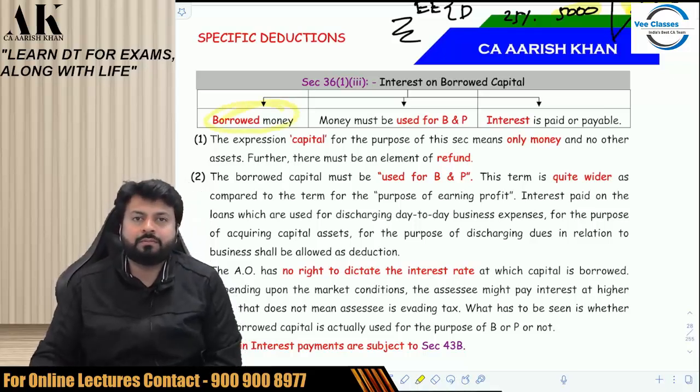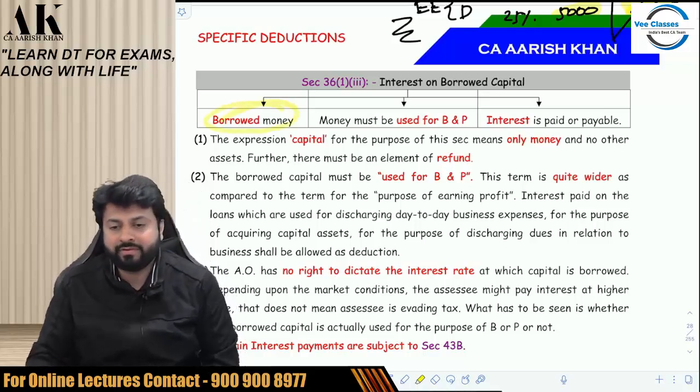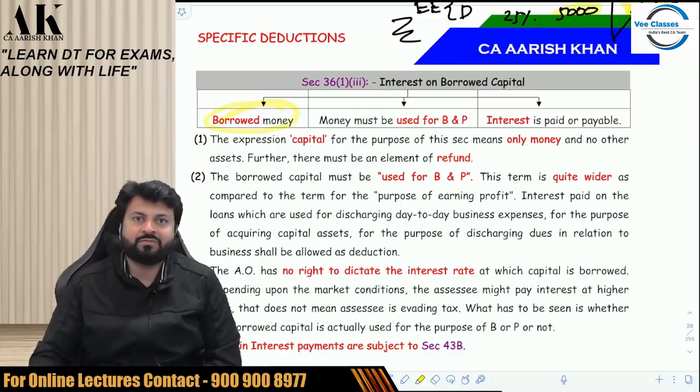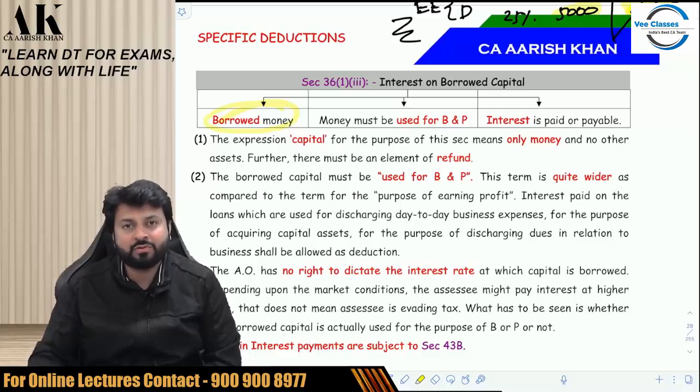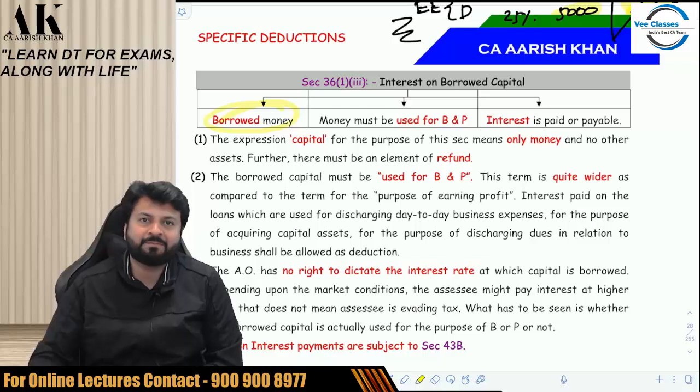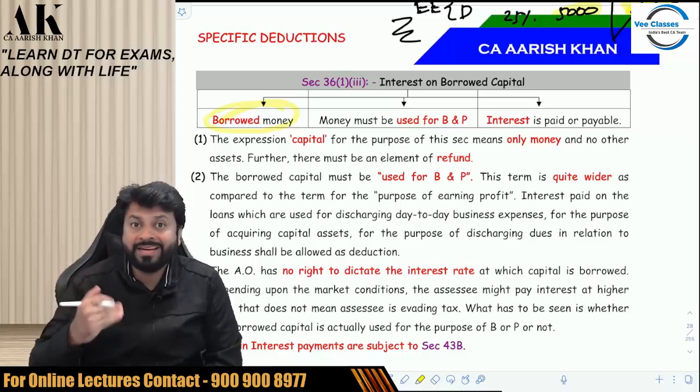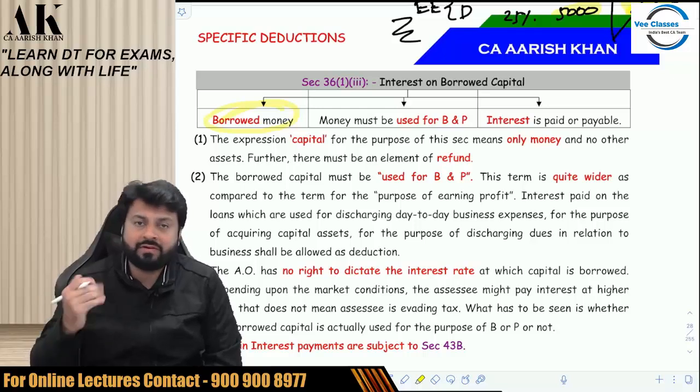Borrowed means there has to be an element of refund. You have to repay that money to someone at some or the other point. If not on immediate basis, at least after 1 year, 2 years, 3 years, you have to repay that money. So borrowed capital means that you have to borrow money which has an element of refund. This is the first thing which you have to keep in mind.